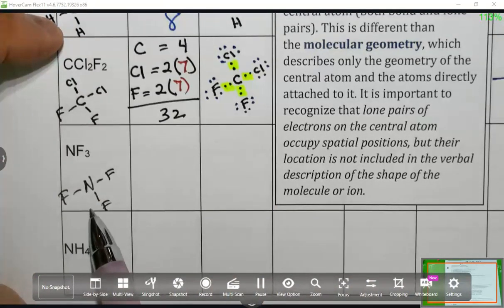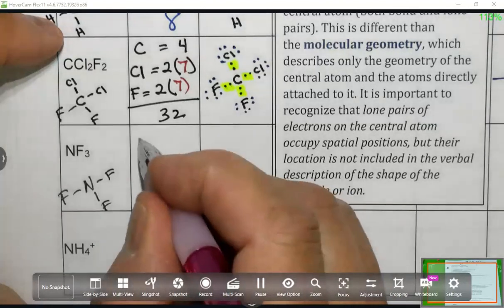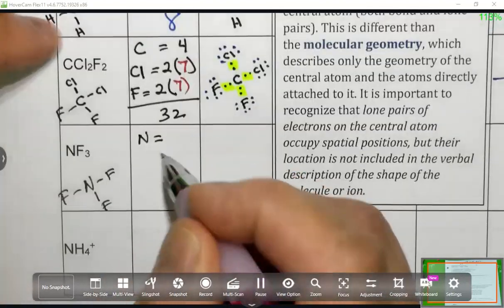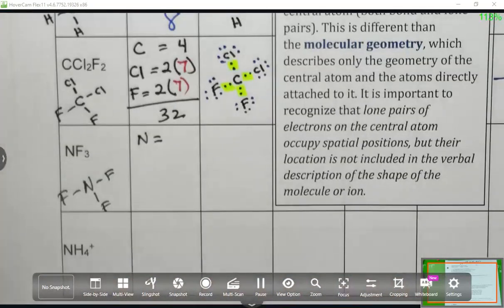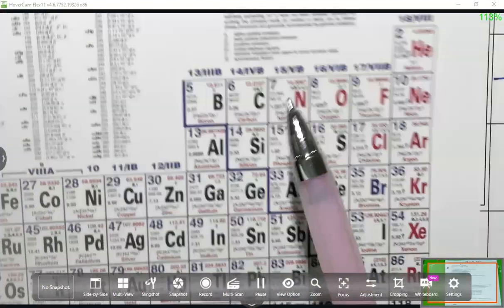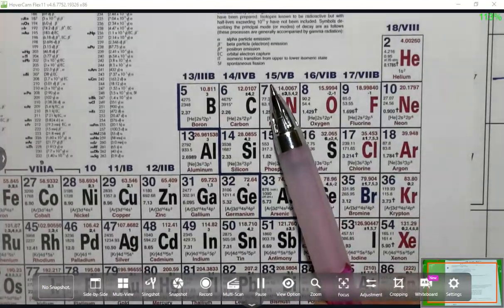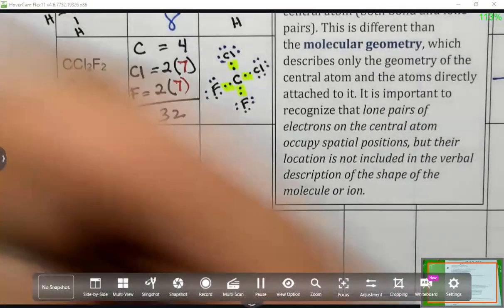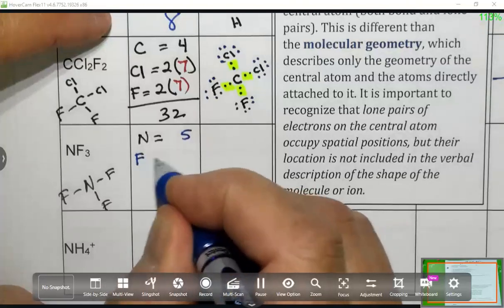Skeletal structure. Total valence electrons, nitrogen. Nitrogen is in group, right here, group 15. So 5 valence electrons for my nitrogen. Fluorine.